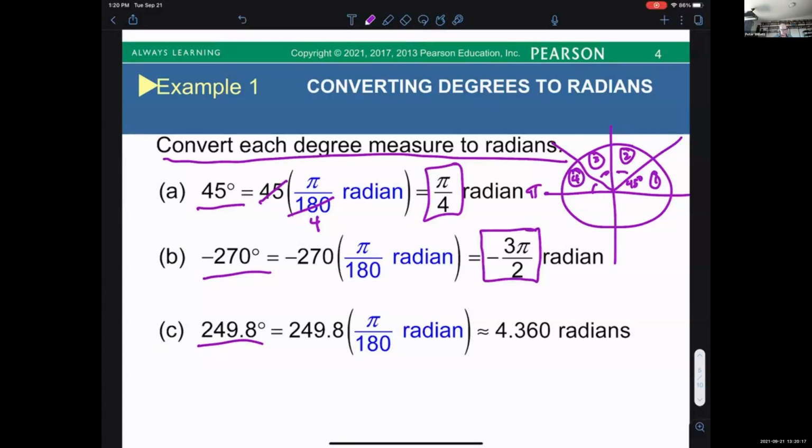Or if it's some decimal number, then you might have the calculator use its version of pi with a bunch of decimals so that you can get a decimal approximation of how many radians there are as well. The difference would be that when you have pi in your answer, these are exact answers, whereas this is an approximation because we rounded off to a decimal.